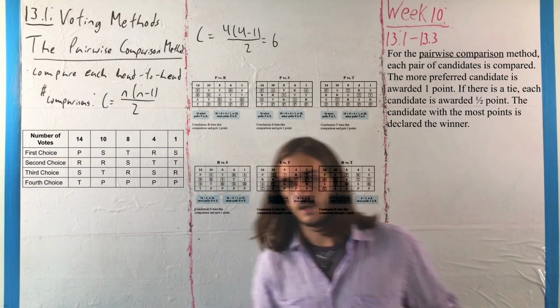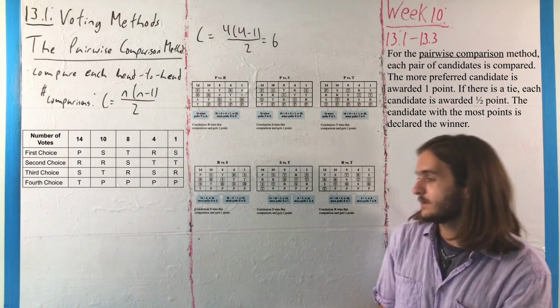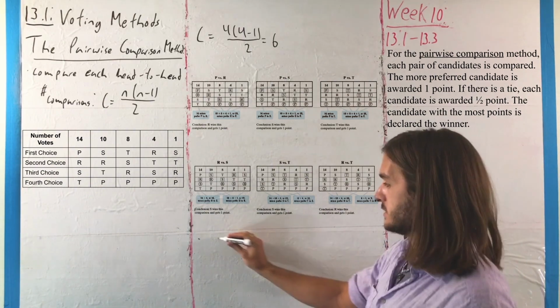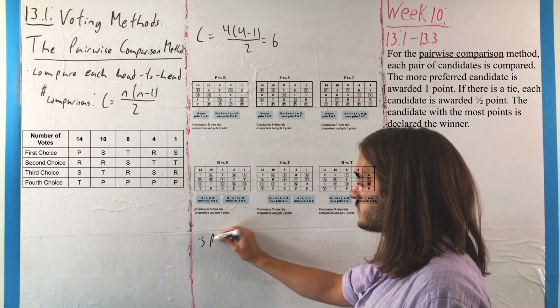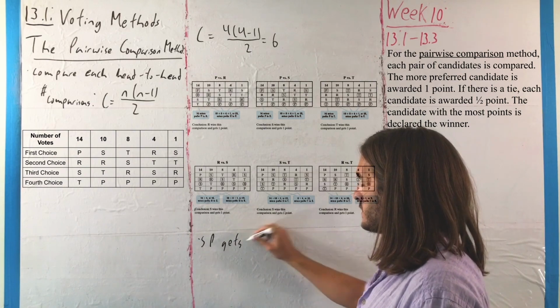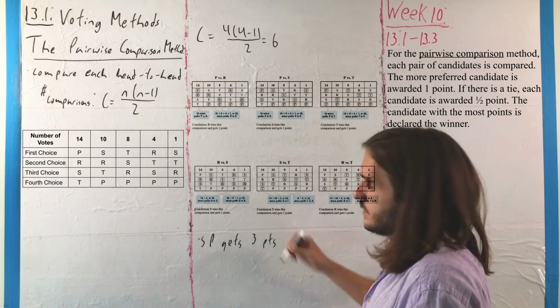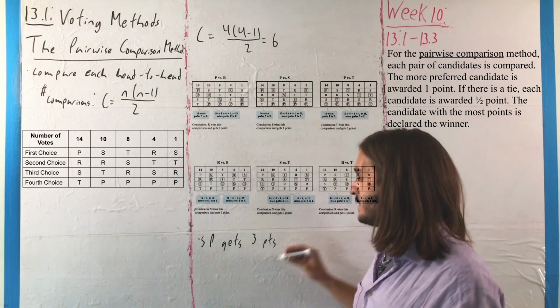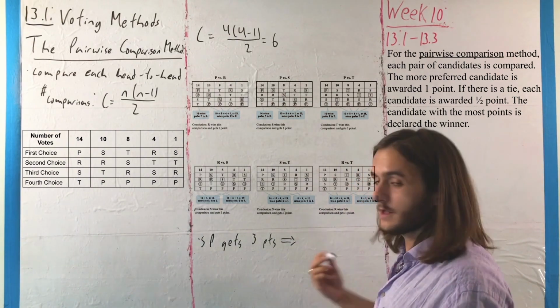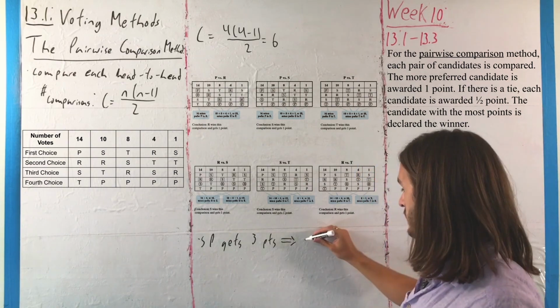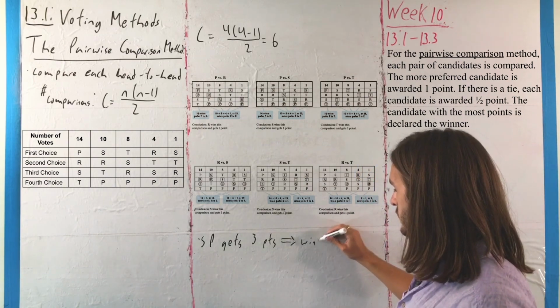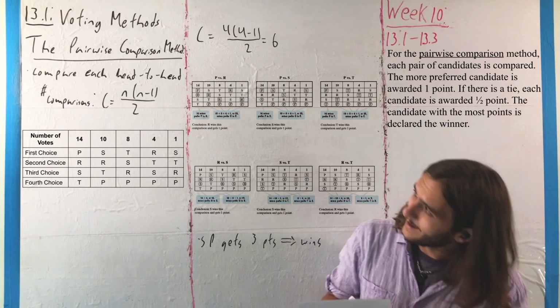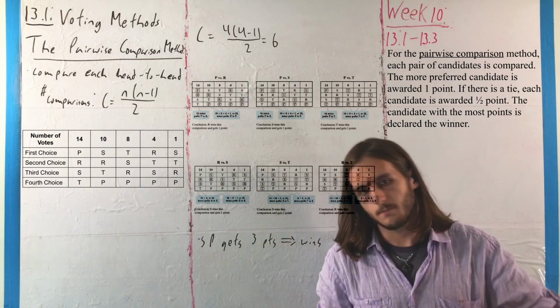Where, in this case, looking at all of these various options, we have that Saint Petersburg gets 3 points, while Rome will have gotten 2, which means that Saint Petersburg got the majority, so that would be the one that won via the pairwise comparison method.